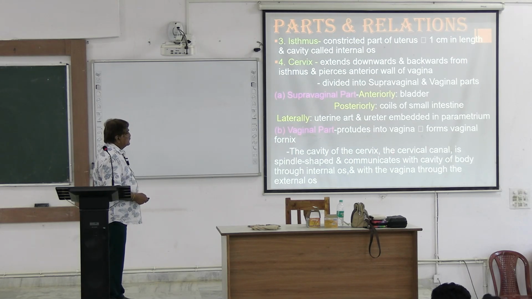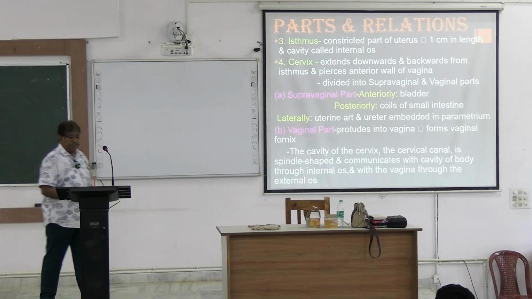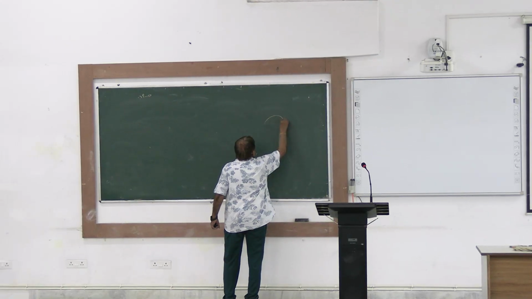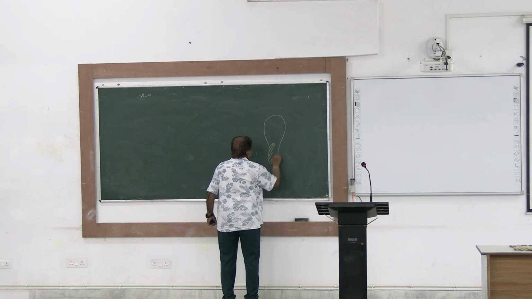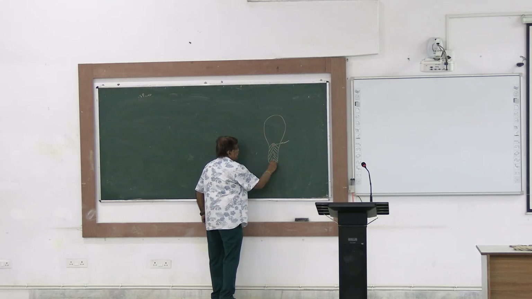The cavity of the cervix, the cervical canal, is spindle-shaped and communicates with the cavity of the body through the internal os and with the vagina through the external os. Now this is the internal os and this is the external os.